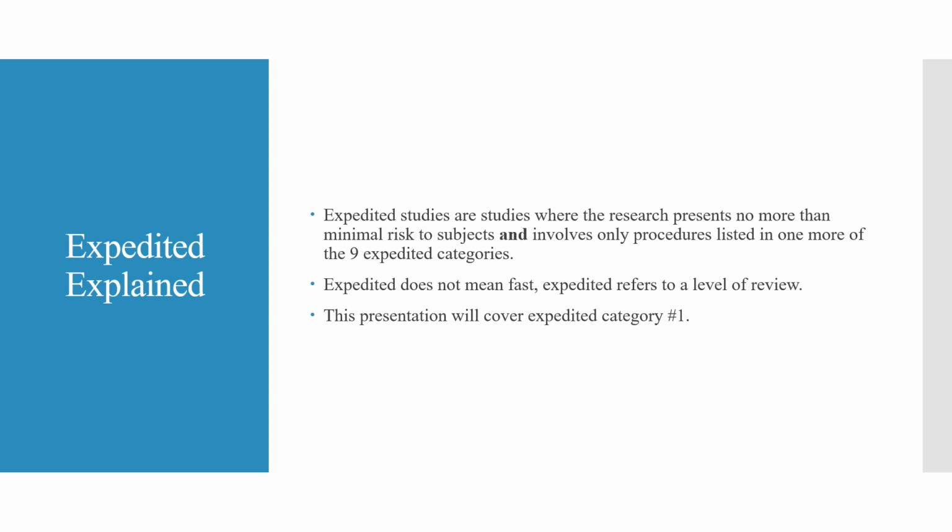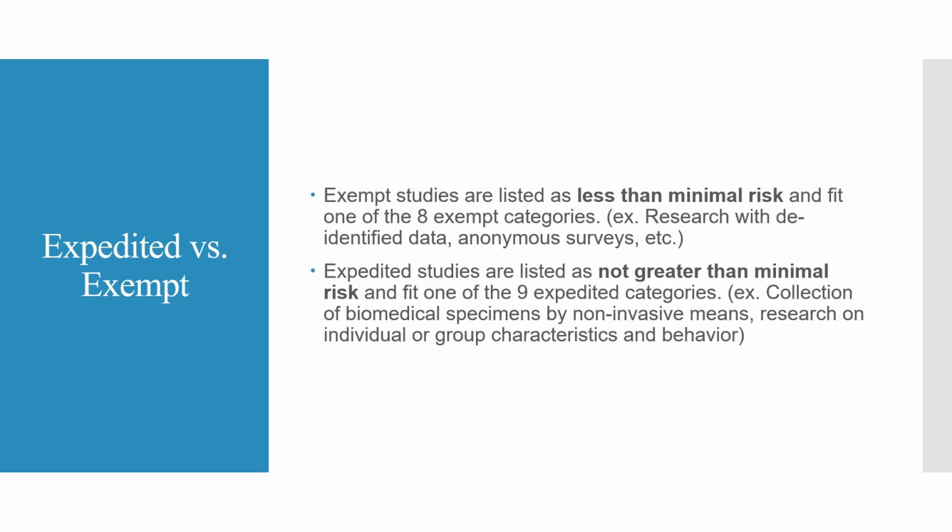Now, one bit of confusion that we do tend to see is the difference between expedited reviews and exempt reviews. So let's dive into that. Exempt studies are listed as less than minimal risk and fit one of the 8 exempt categories.